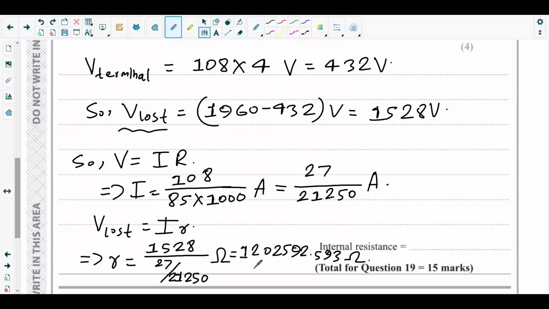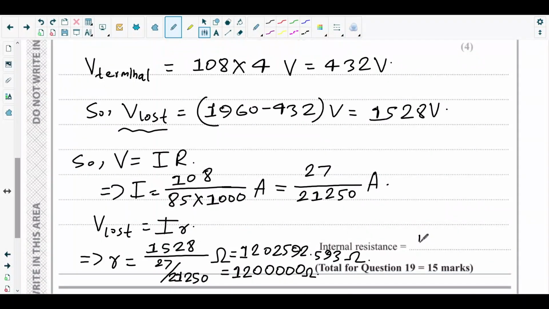So we can write this as 12 lakh 2592, right? We can convert it to three significant figures. If you consider three significant figures, it would be 12 lakh ohm. 12 lakhs can be written as 1 2 3 4 5 6, right?